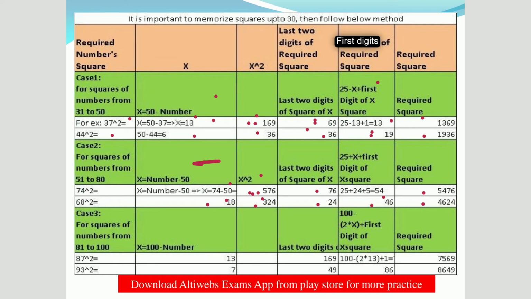And it will be 100 minus 2 into x plus the first digit of x square for numbers between 81 to 100. It seems a little difficult in the beginning, but as you practice it will become very easy, and you need not solve these problems again and again in rough work. You can do this mathematics mentally.